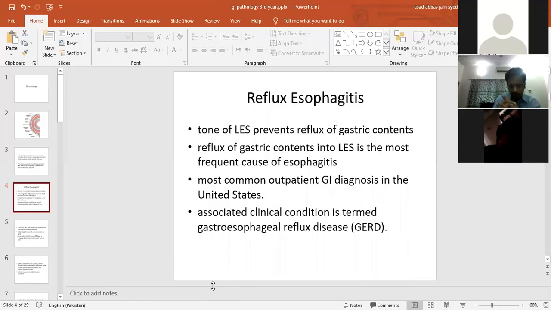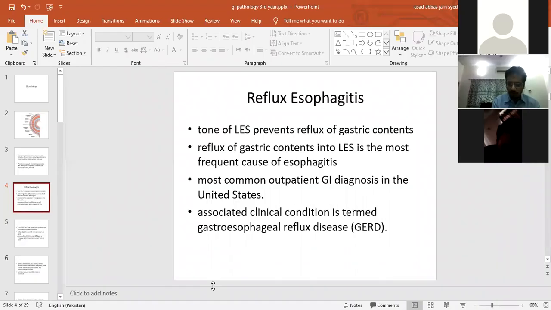Because it keeps it closed, gastric acid does not spill over into the esophagus. Reflux of gastric contents through the lower esophageal sphincter is the most frequent cause of esophagitis, obviously, because that is the main barrier stopping stomach acid from regurgitating into the esophagus.